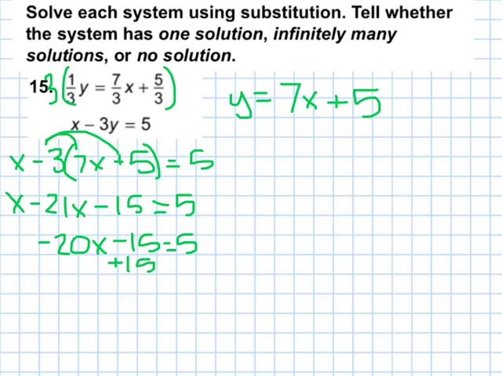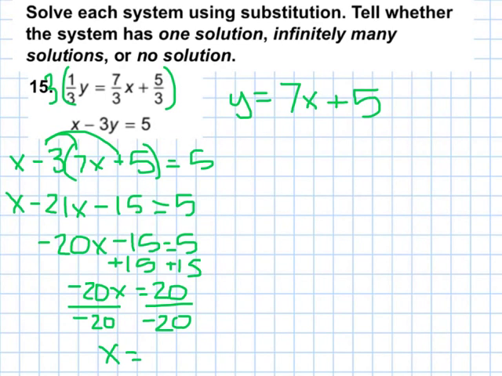So we'll add 15, negative 20x equals 20. So we'll divide by negative 20, divide by negative 20. 20 divided by negative 20 equals negative 1.